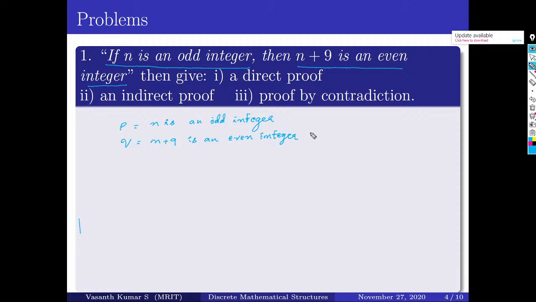Then they are asking to find a direct proof, an indirect proof, and a proof by contradiction. So let us see the first proof, a direct proof.